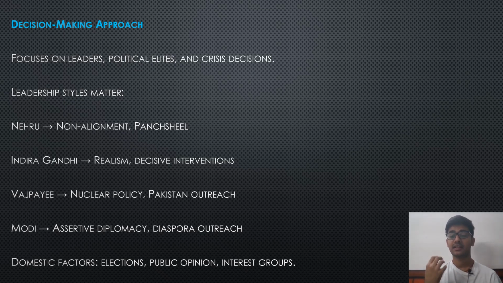And coincidentally, at that time, Prime Minister Indira Gandhi was very assertive, very decisive that, okay, this is a national security threat for India, and thus India must do everything to liberate Bangladesh. So it matters on what the Prime Minister thinks, how the Prime Minister approaches it.